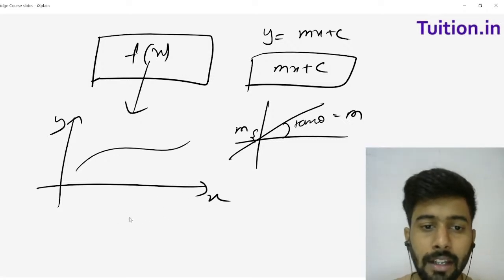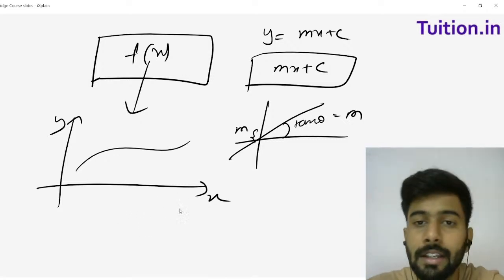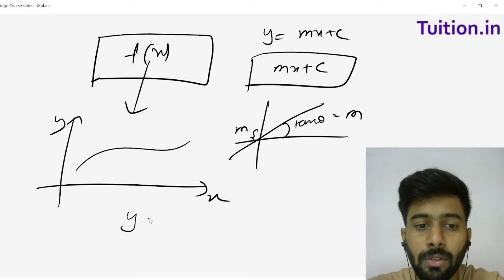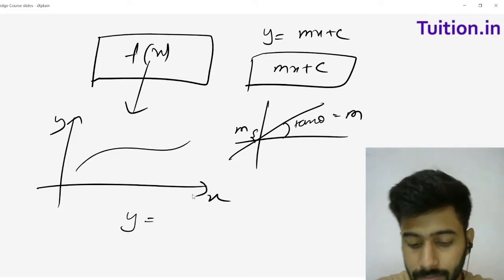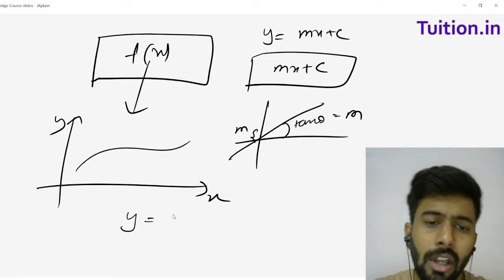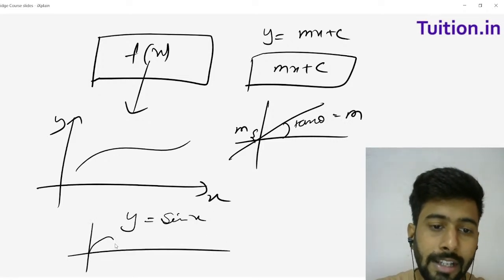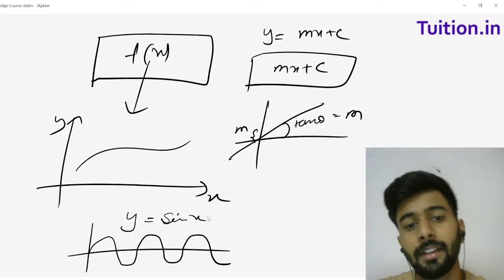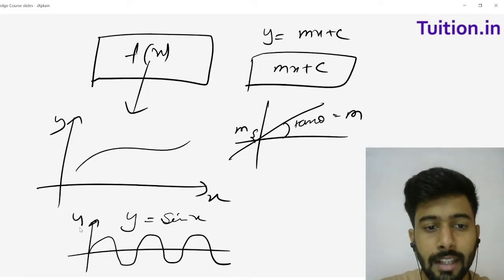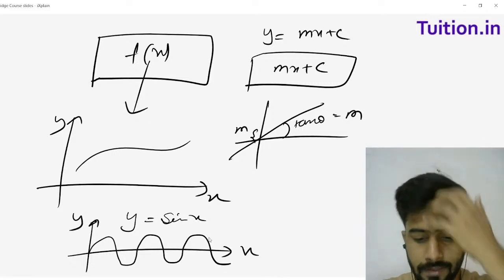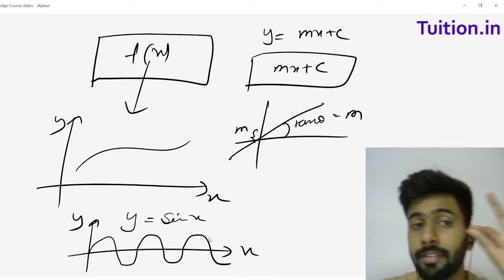If you have something like y is equal to, what else do you guys know? What function would you possibly know? If you know y is equal to sine x, let's say, then the graph for sine x is like this, right? This is y, this is x. Like that, every function has a graph.